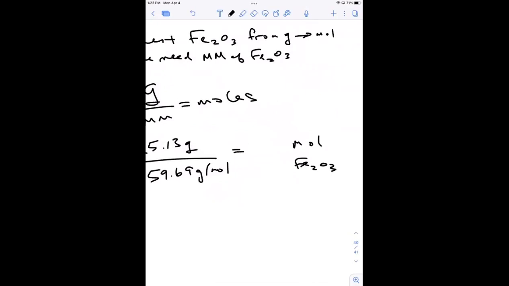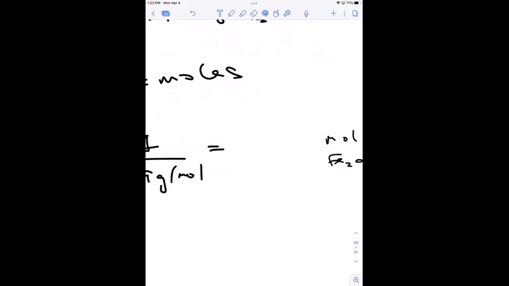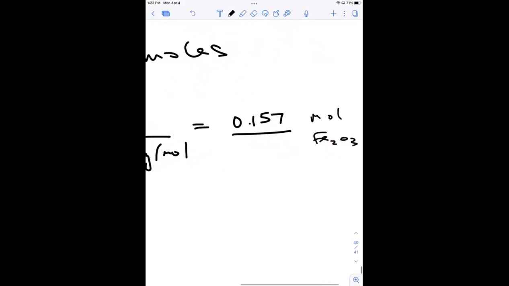You cannot do any stoichiometric calculations without everything being in moles. Anybody got that number? So 0.157 moles.